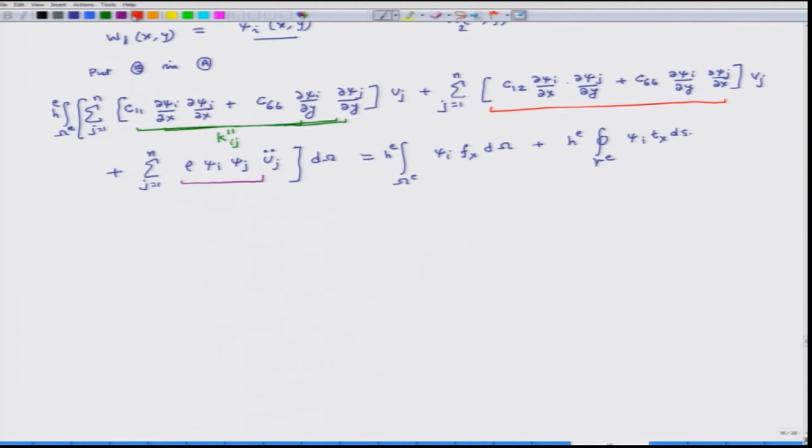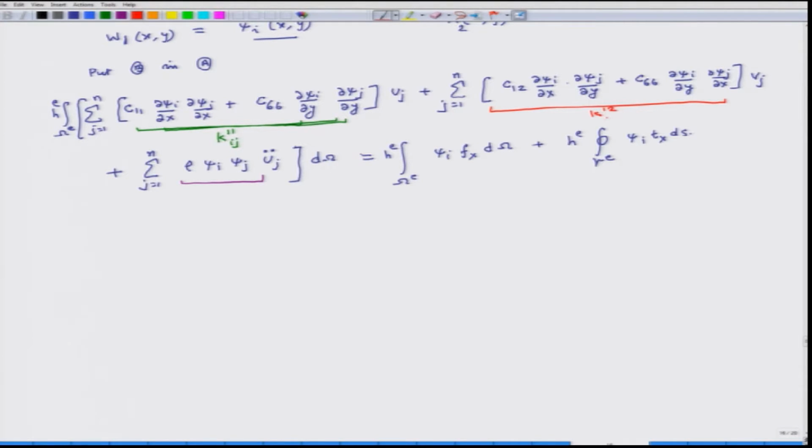I can call this red term k12 ij. Why is it 1? Because it involves the first equation. So, the first index superscript corresponds to the first equation. The second superscript corresponds to u, which is the first primary variable. Then we call this k12.